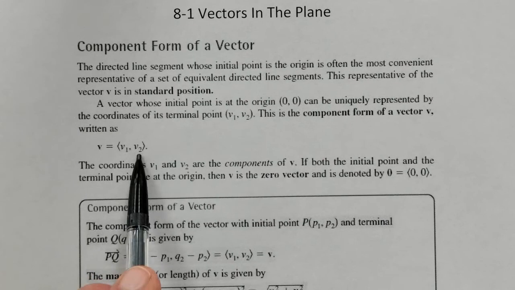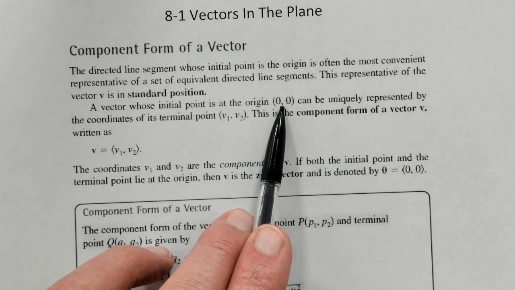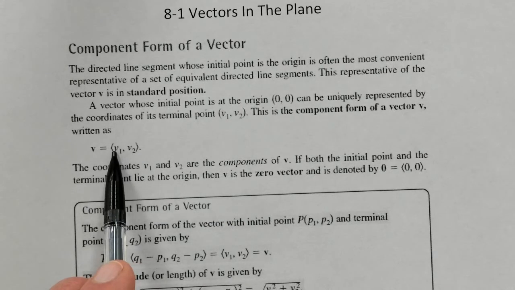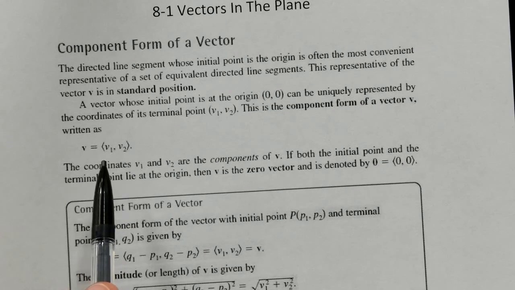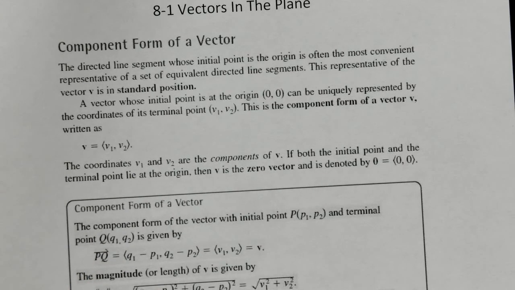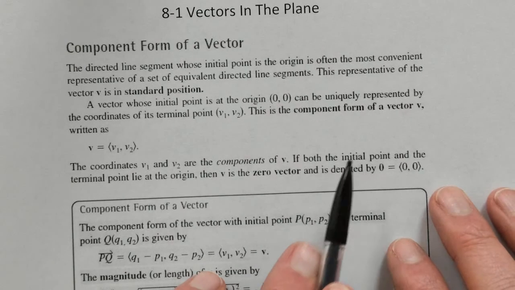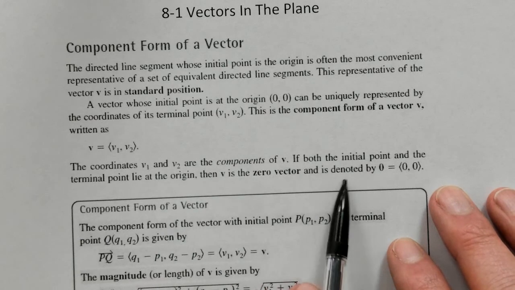Now, if it's in standard position, the initial point is the origin. But just remember, this component form gives you the direction, how many left, right, how many up, down, from the initial point. And remember, the initial point doesn't always have to be the origin. Another thing, if the initial point and the terminal point lie at the origin, that's the 0 vector.